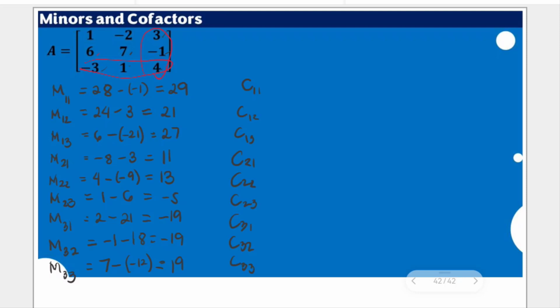Minor of entry, a sub 1, 1, etc. The cofactor will just have this additional formula. The formula for the cofactor of ij is equal to negative 1 to the i plus j times the minor of your ij. So you will have to add the assigned column and rows.